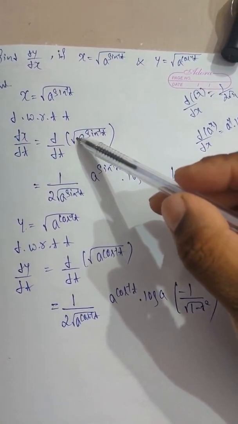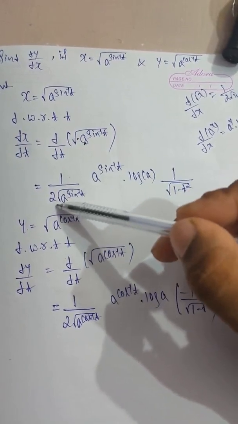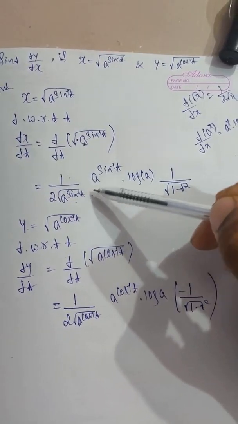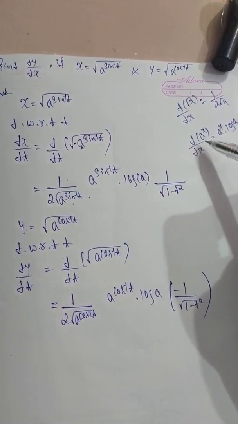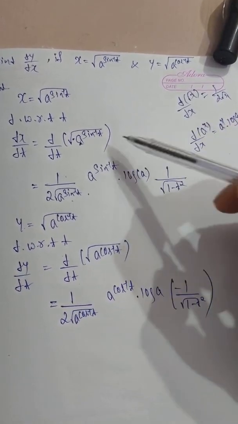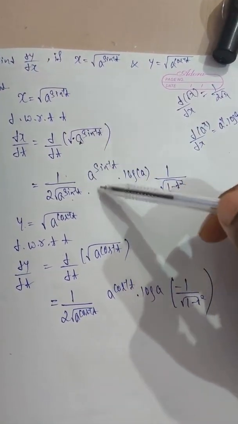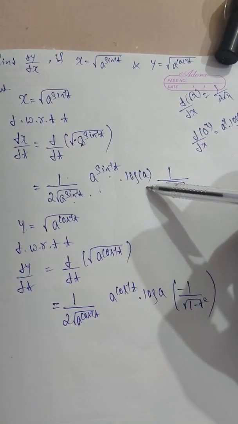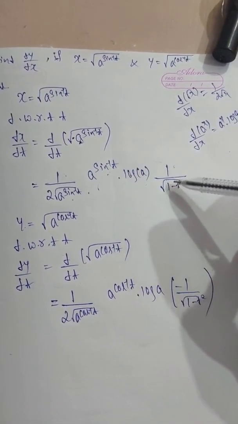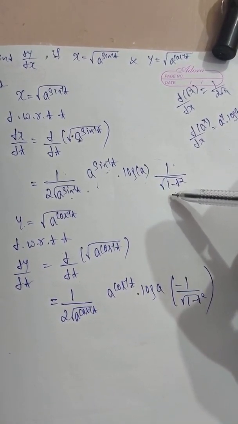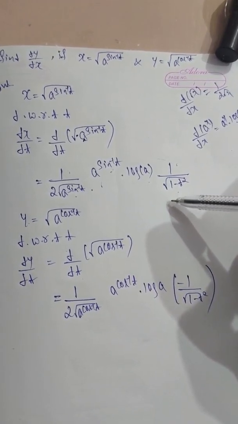First we differentiated the root, 1 by 2 root of a to the power of sin inverse t. Again by using the formula, the differentiation of a to the power of sin inverse t is a to the power of sin inverse t log a. Again the differentiation of sin inverse t is 1 by root of 1 minus t square. Like that we applied the chain rule differentiation.